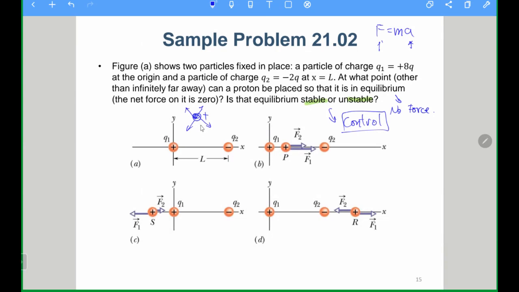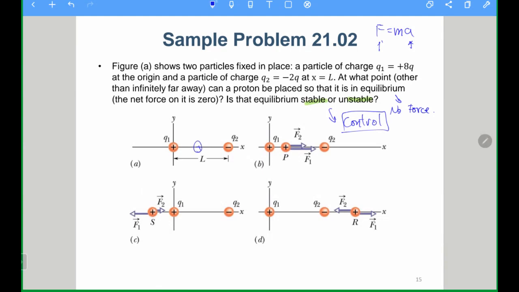For example, if the forces point in different directions like this, they can never cancel the y-axis component. So we can quickly know that this proton should be placed on the x-axis.